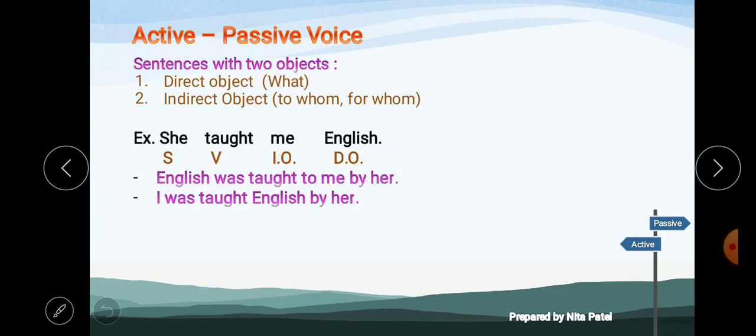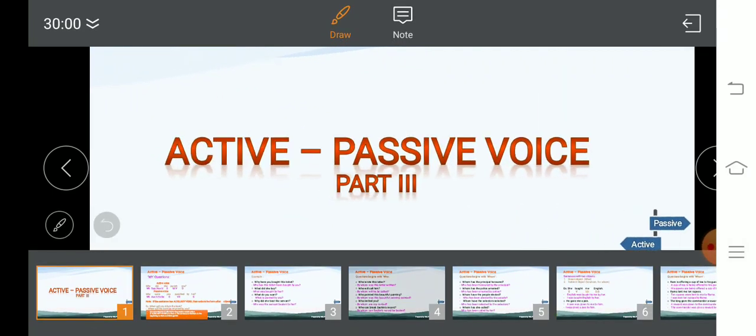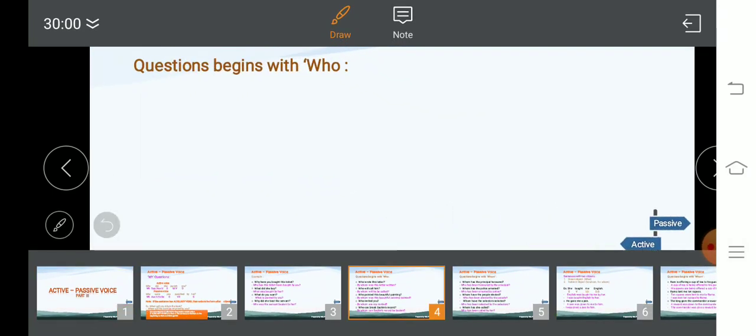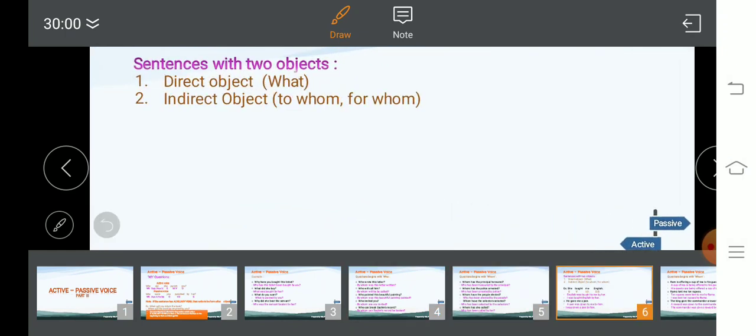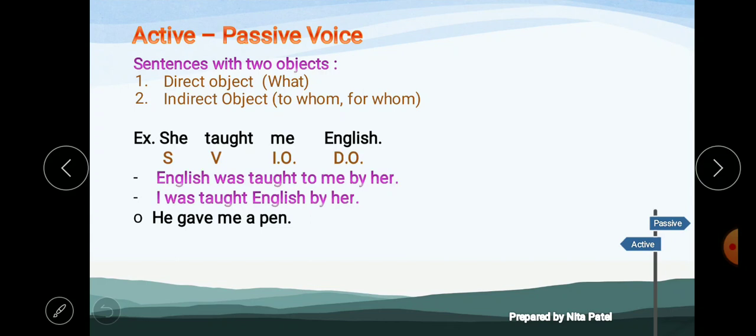No one can say that it is wrong or it is right, but you just have to keep in your mind that if you are putting direct object as your subject, then you have to write to before this indirect object. That is the only condition. Otherwise you can use any of these patterns.